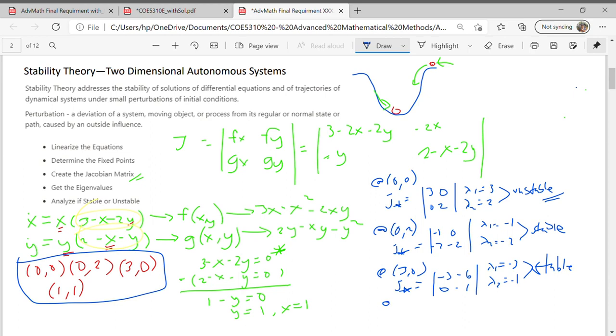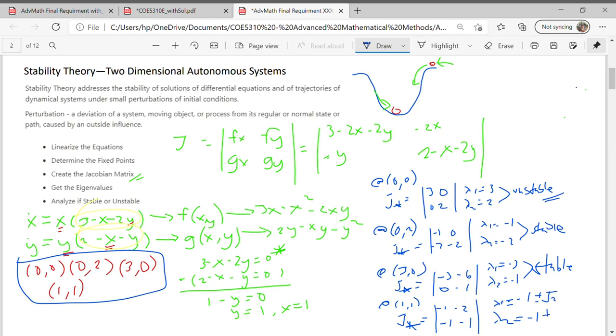And then lastly, for fixed point 1, 1, our Jacobian matrix is equal to negative 1, negative 2, negative 1, and negative 1. So our eigenvalues λ1 and λ2 are equal to negative 1 plus or minus square root of 2.